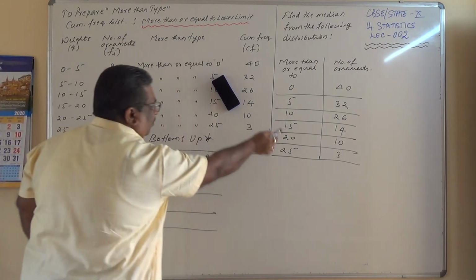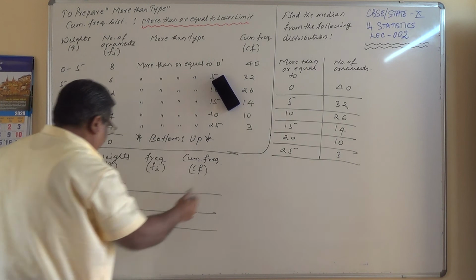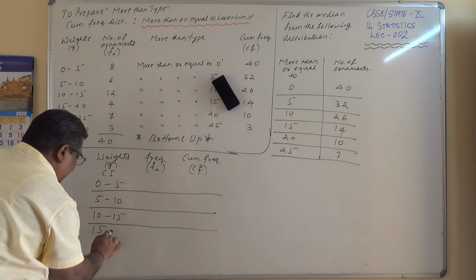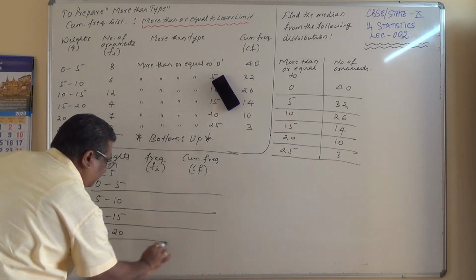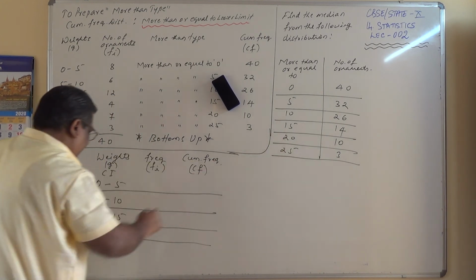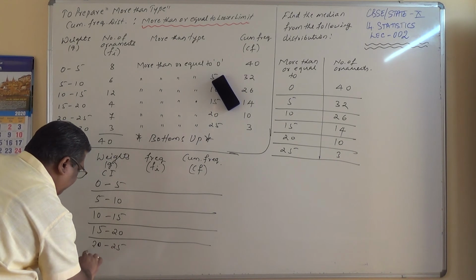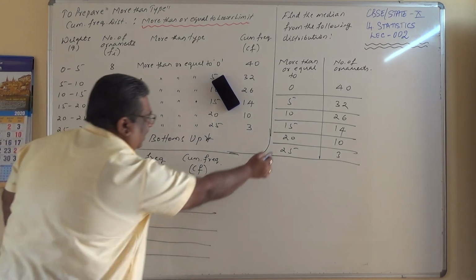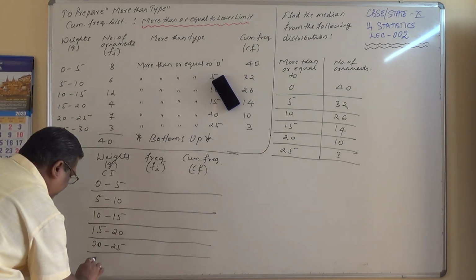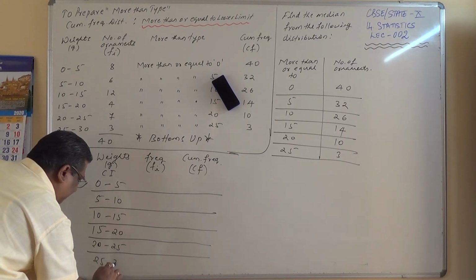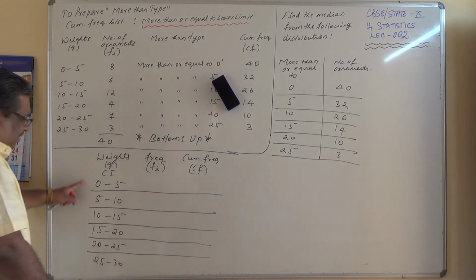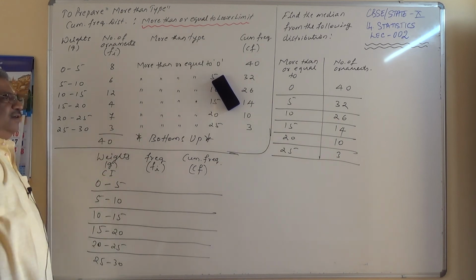For that, all these are lower limit. 15 plus 5, 20. 20 plus 5, 25. Next, lastly, 25 lower limit plus 5, 30. Added. So these are the class intervals which is prepared.